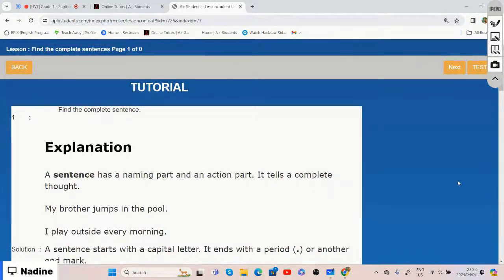It tells us who or what is doing something, and it tells us the action that he or she is doing. So if we were to select a complete sentence, we would say that a complete sentence has a naming part and it has an action part.